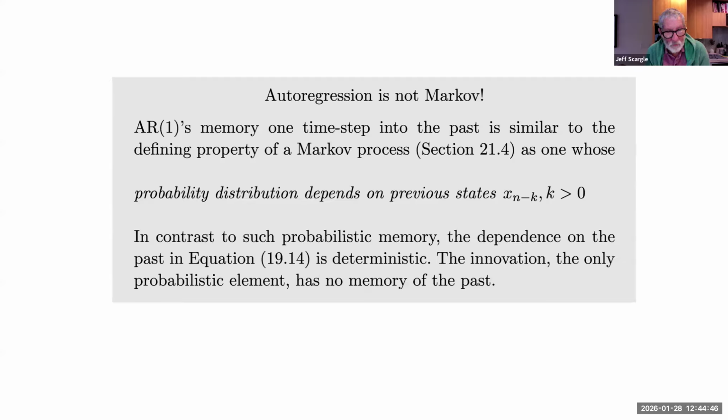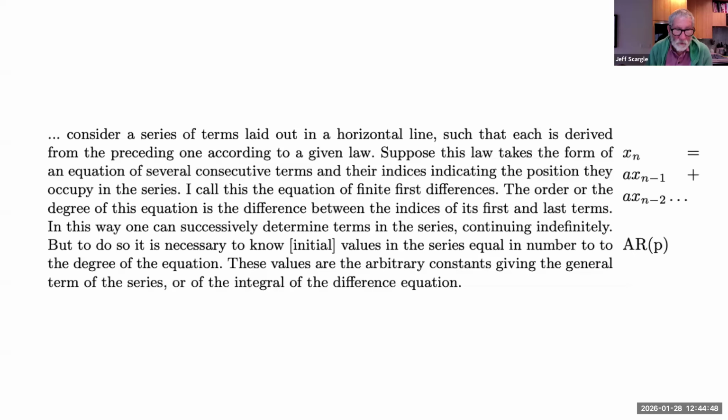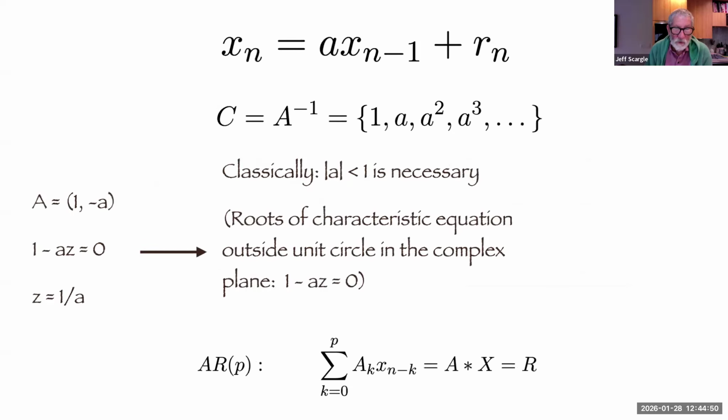But in autoregression, the dependence on the previous state is completely deterministic. The random part is here, and that has no memory. There's no Markov behavior going on there, and so this maybe is a degenerate case where the usual probabilistic Markov behavior is a delta function, or deterministic.